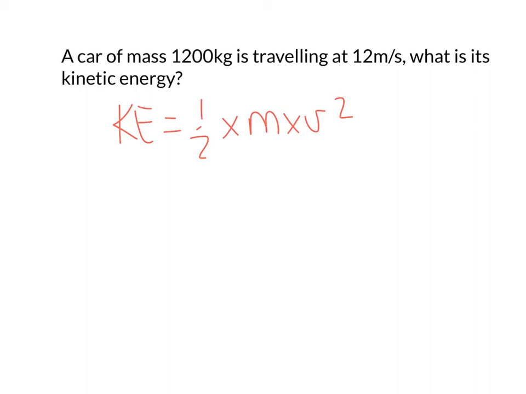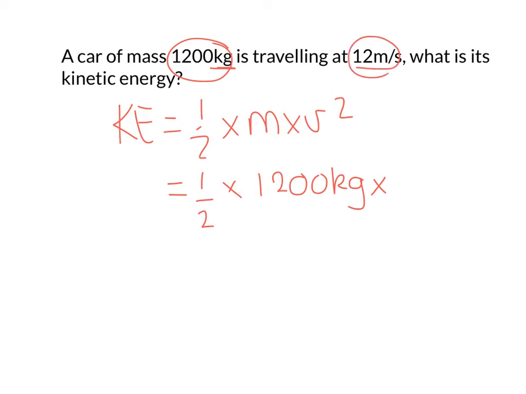Then I need to identify the numbers to put into that equation. So a half remains as a half, multiplied by the mass. We've established that that is 1200 kilograms. I can tell because of the unit, and then multiplied by the velocity here, meters per second means it's velocity, the velocity squared.